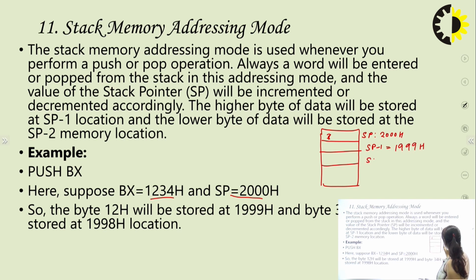Then SP minus 2 will be 1998H. BX is 1234H. The higher byte will be stored at the higher address. So at 1999 we have 12H, and on the lower address we save the lower byte, that is 34H, right? This way we use the stack memory addressing mode.